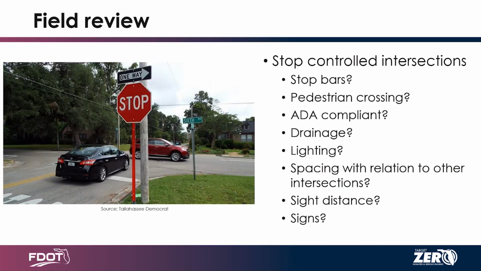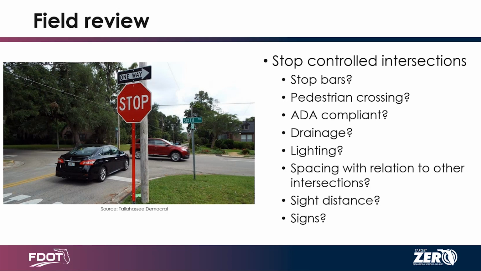So moving on, when you're at stop controlled intersections, you want to look at, once again, pavement markings and signage. Are pedestrians there? Are there marked crossings? Is it ADA compliant? Drainage, lighting, spacing with other intersections, sight distance issues, everything in terms of that.